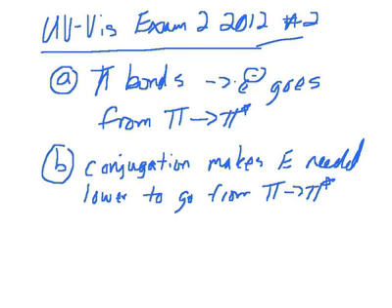Short wavelength is higher in energy. So with more conjugation, what happens to the wavelength? Does it make it easier or harder to go from pi to pi star? It makes it easier. So the wavelengths are going to get longer.